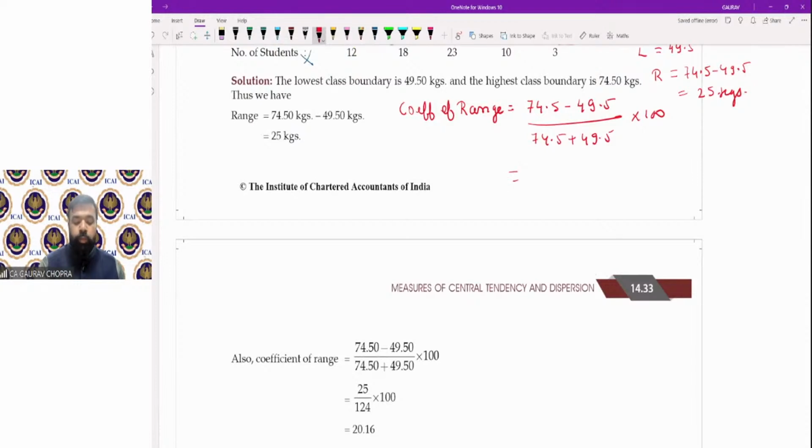You are getting 25 divided by 124 into 100, that is 20.16. This is your coefficient of range. All right, so in this way, you can calculate the coefficient of range.